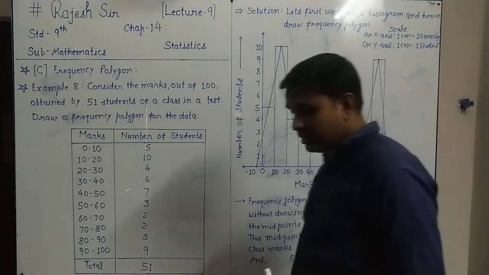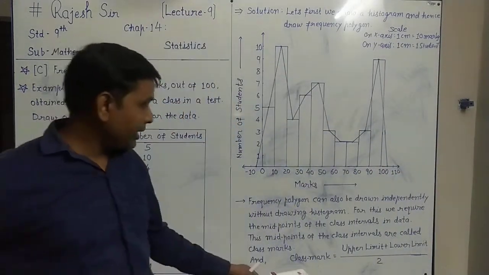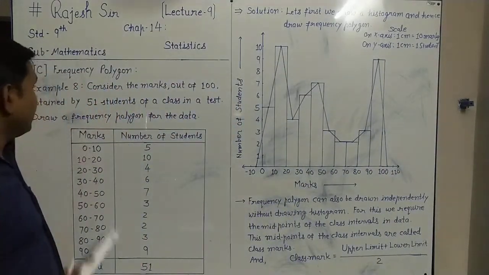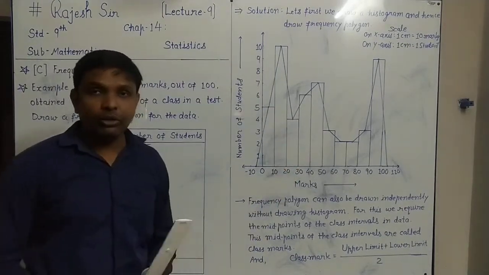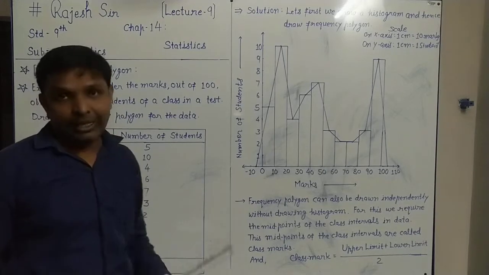Using this formula, once we have found the class marks, we can directly draw the frequency polygon without drawing the histogram.